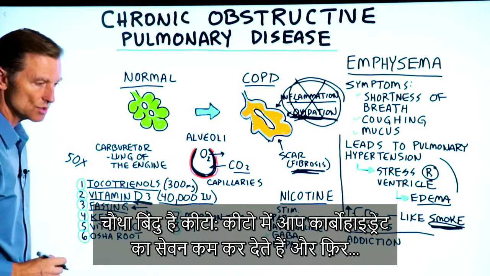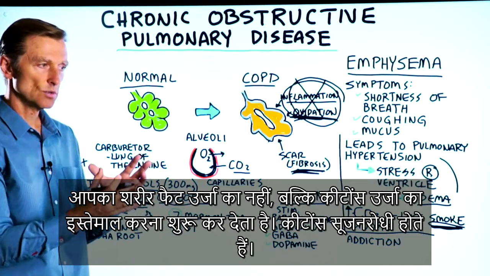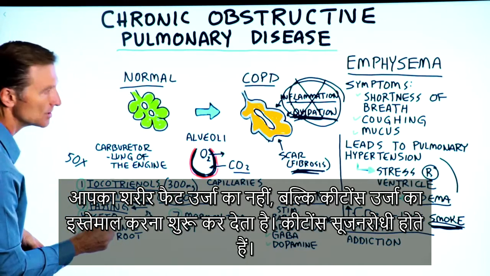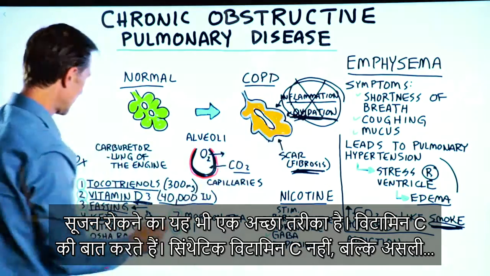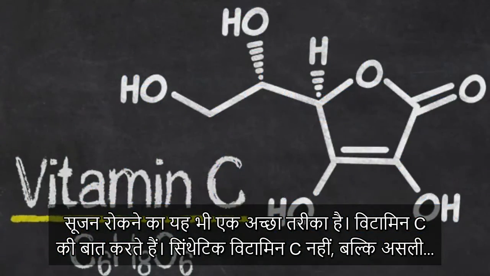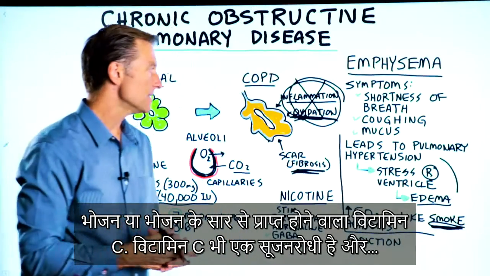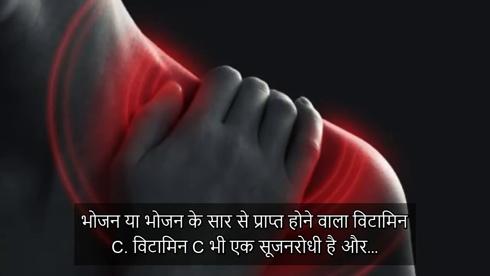Number 4, keto. The way you do keto is you drop your carbohydrates, and then your body starts to switch over into ketones from fat fuel. Ketones are very anti-inflammatory. Again, another way to drop inflammation. Vitamin C, not synthetic, but from actual food or a food concentrate. Vitamin C is another powerful anti-inflammatory.